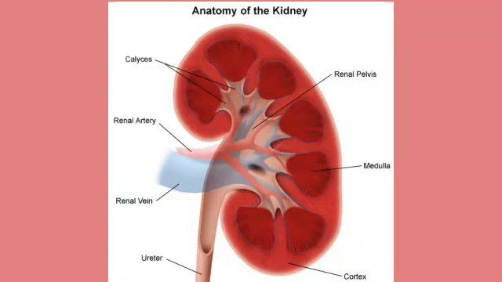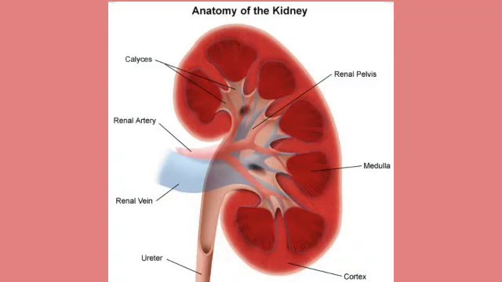From the cortex it comes into the medulla, and from the medulla it comes into the renal pelvis, and the urine is given out into the ureter, and the remaining blood goes through the renal artery and renal vein. The approximately 5 liters of blood present in a normal healthy person's body is filtered by the kidney about 400 times every day.